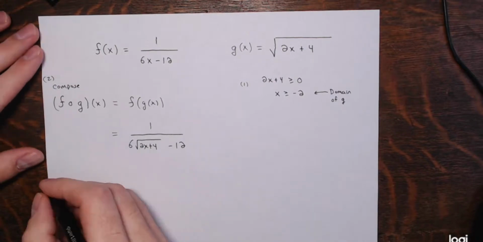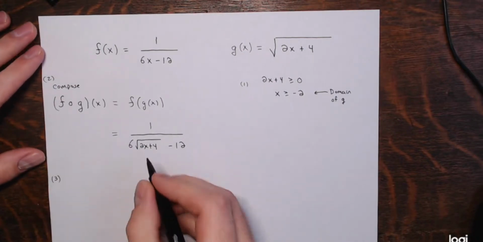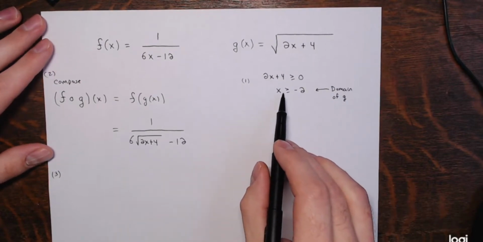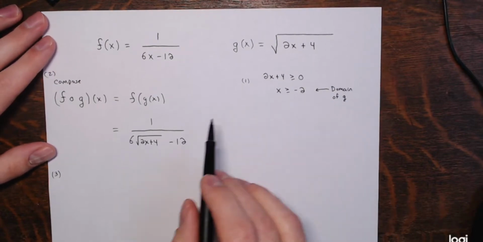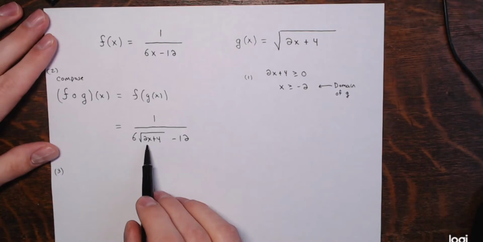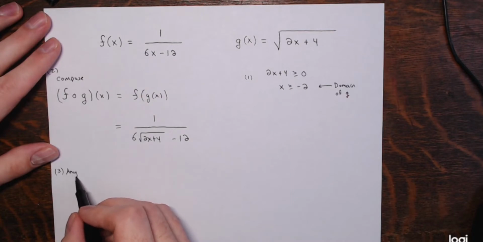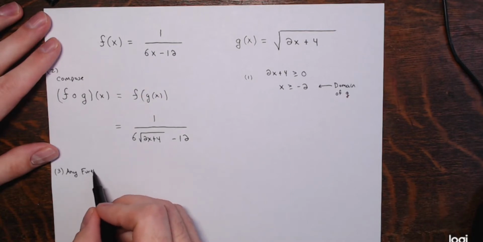And now that I've composed and I'm looking at the function, I say I can only plug in numbers negative 2 or greater, but are there any numbers that can be taken out of that set as well? Are there any further restrictions?